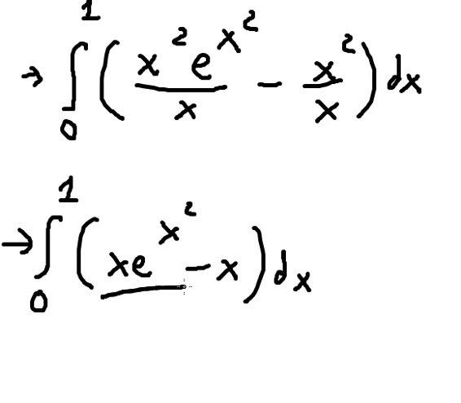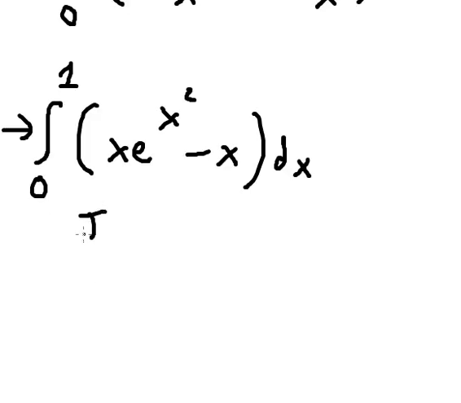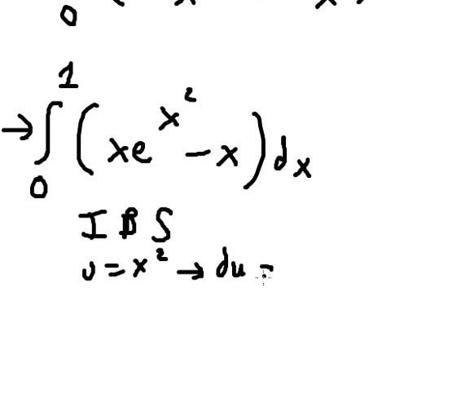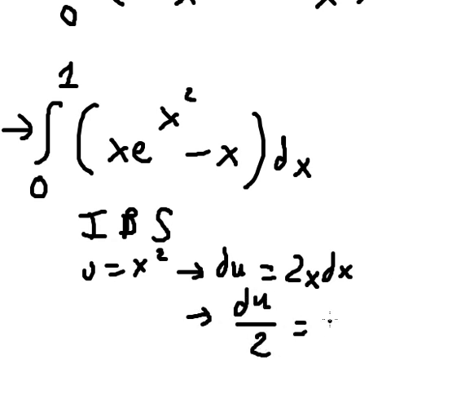So the integration of this one, we can use integration by substitution. So I will put u equal to x squared, du equals 2x dx, after we take the derivative of x squared. Later we divide both sides by 2, and we have x dx.